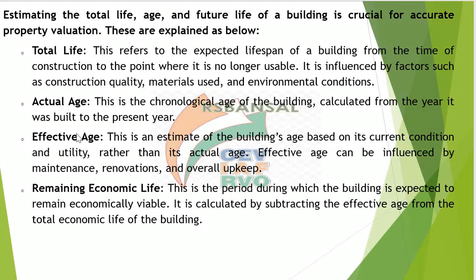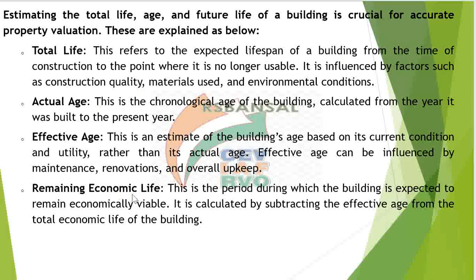So you have to consider the effective age. Effective age is an estimate of building age based on current condition and utility rather than its actual age. It can be influenced by maintenance, renovations, and overall upkeep.